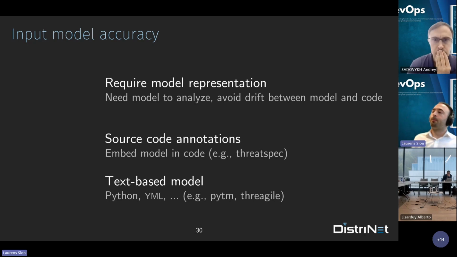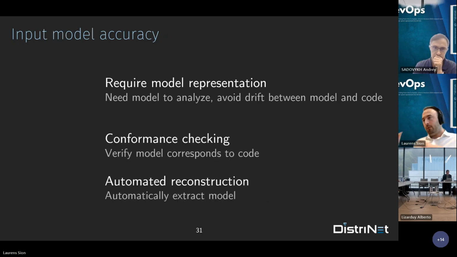So one option is to embed the model in the code. So you could use source code annotations to keep that information closer with the source code of the application itself, or there are text-based representations that may also prove useful in capturing this information. Other approaches are to do conformance checking, so that could also be an analysis job to verify whether the model actually corresponds with the implementation itself.